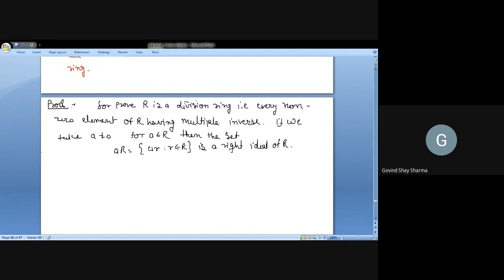Let 1 belong to R. Then a·1 is equal to a, which belongs to aR.